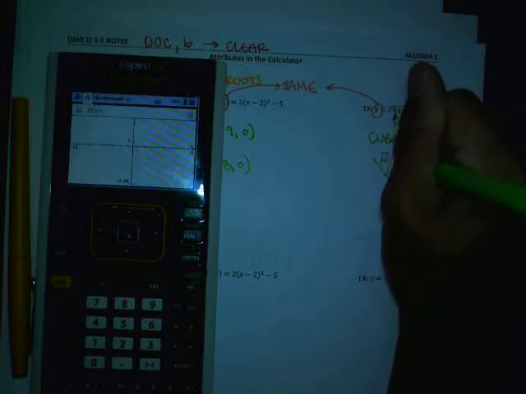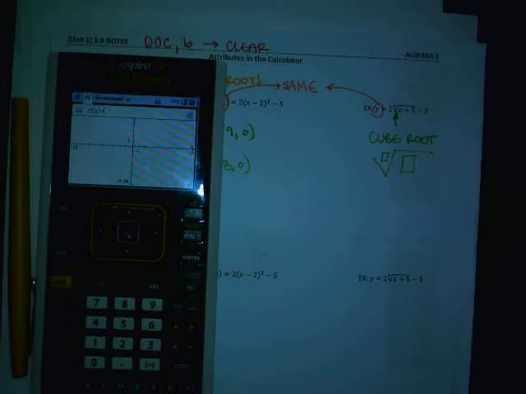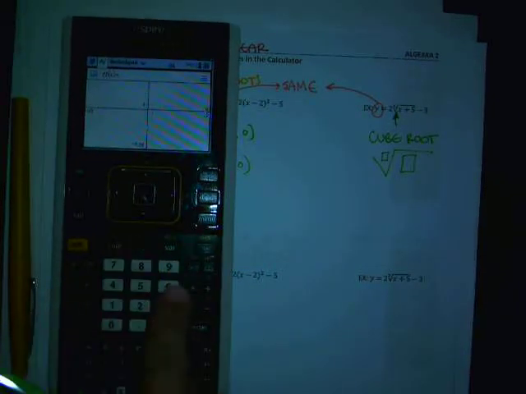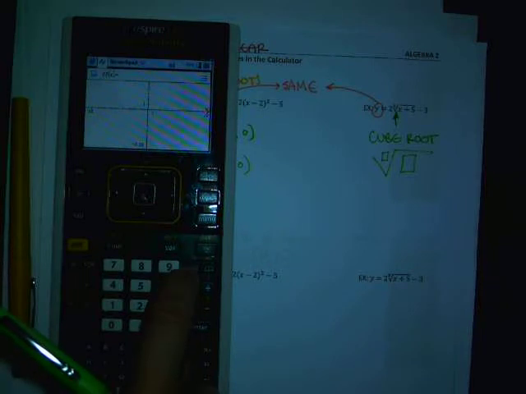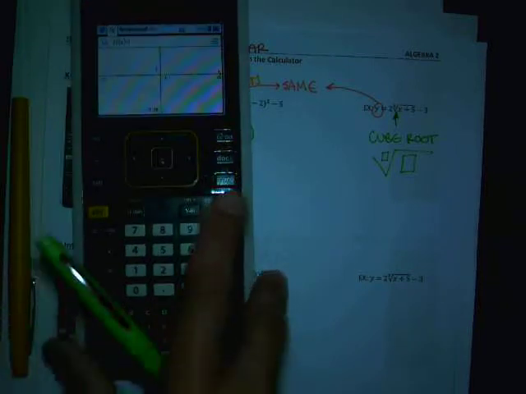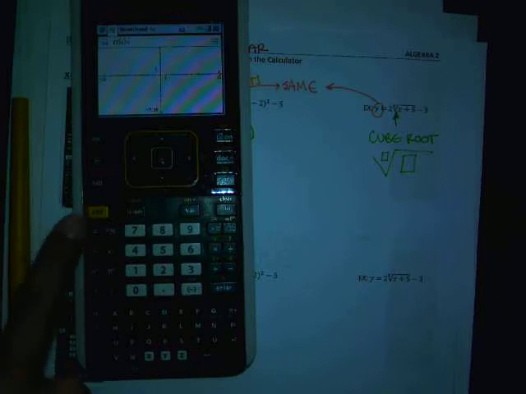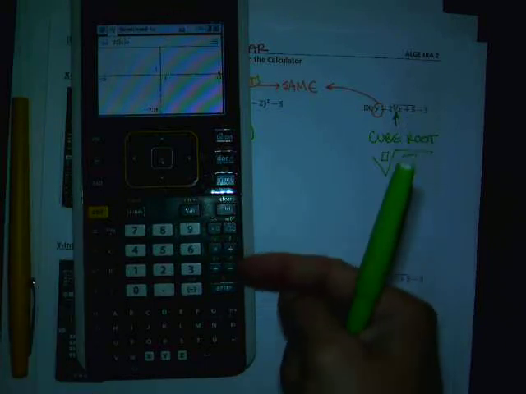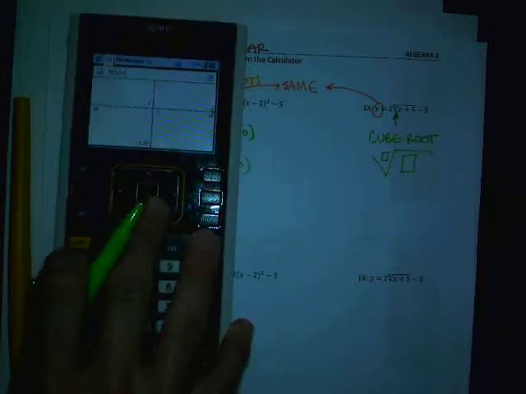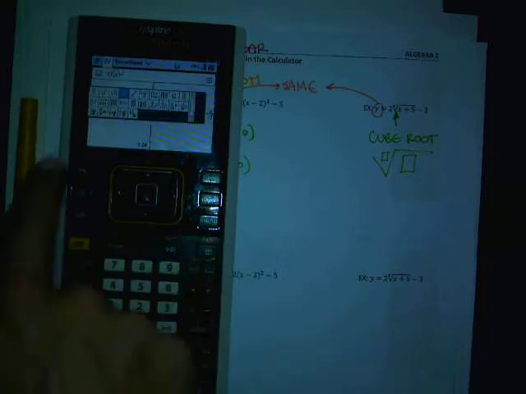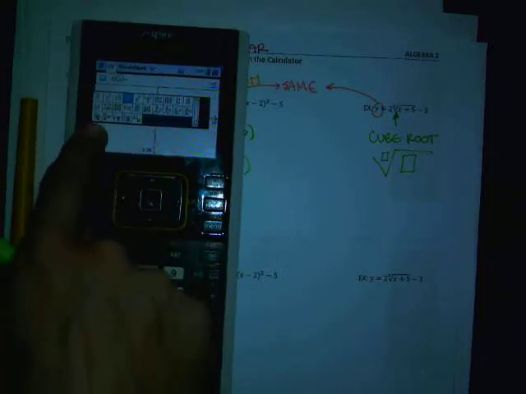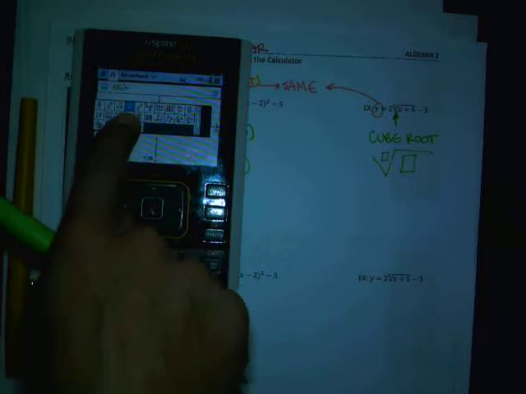The symbol in the calculator that you need to get looks like this. All right, you can find all of your symbols in this black button next to the 9. You also have shortcuts to your symbols in yellow if you like to see them that way. But this black button next to the 9 has all of your symbols. And you see this one highlighted right here will give you the cube root.